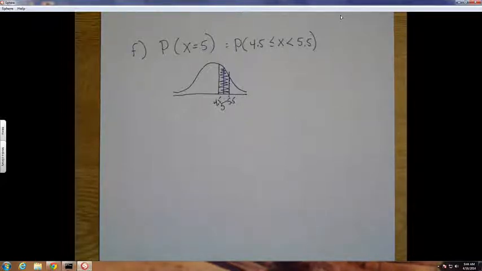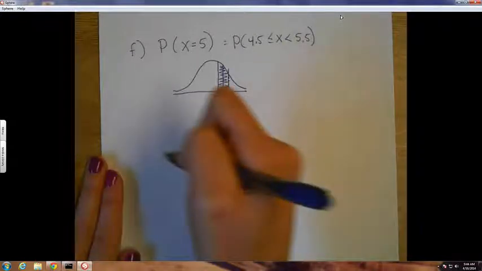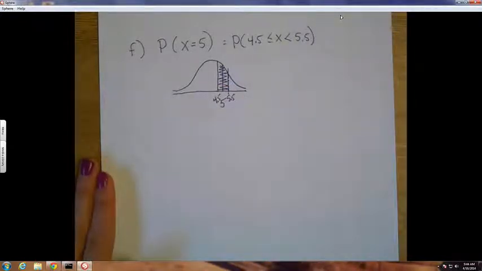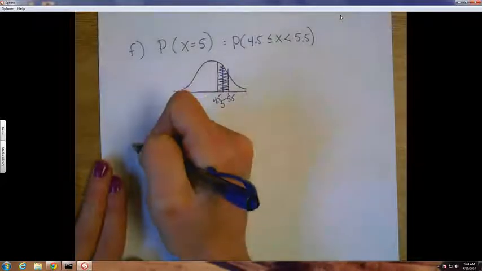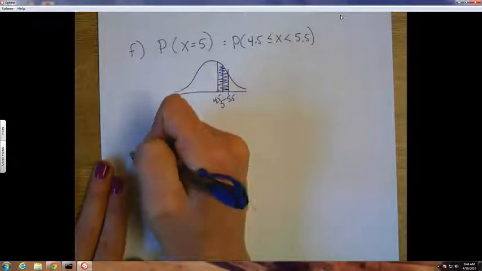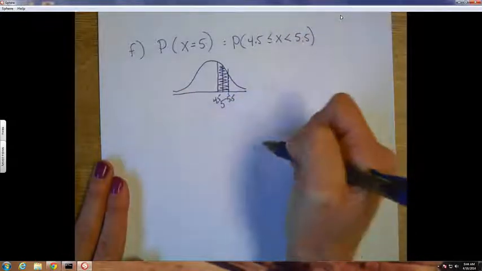Actually throw in some probability. Okay, so let's see, how many steps are there? 4 steps, basically. So if the directions say, if possible, use the normal to approximate the binomial.